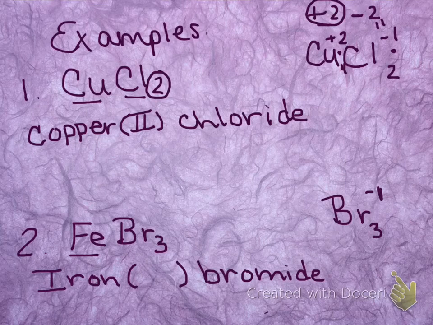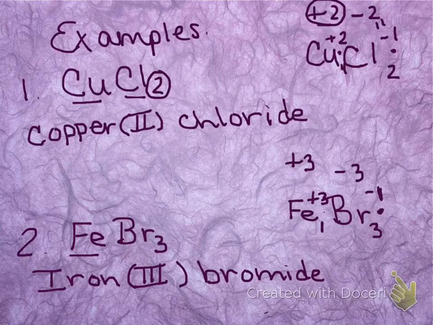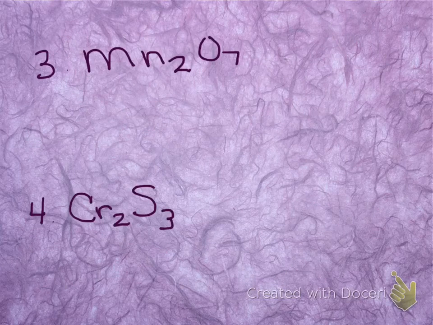So, if you multiply 3 times -1, we get an overall charge of -3. That means that we have to have an overall positive charge of +3. We only have 1 iron. That means that 1 iron has to be +3. 1 times +3 is +3. So we have to have a Roman numeral of 3 for the iron bromide. So it's iron 3 bromide.